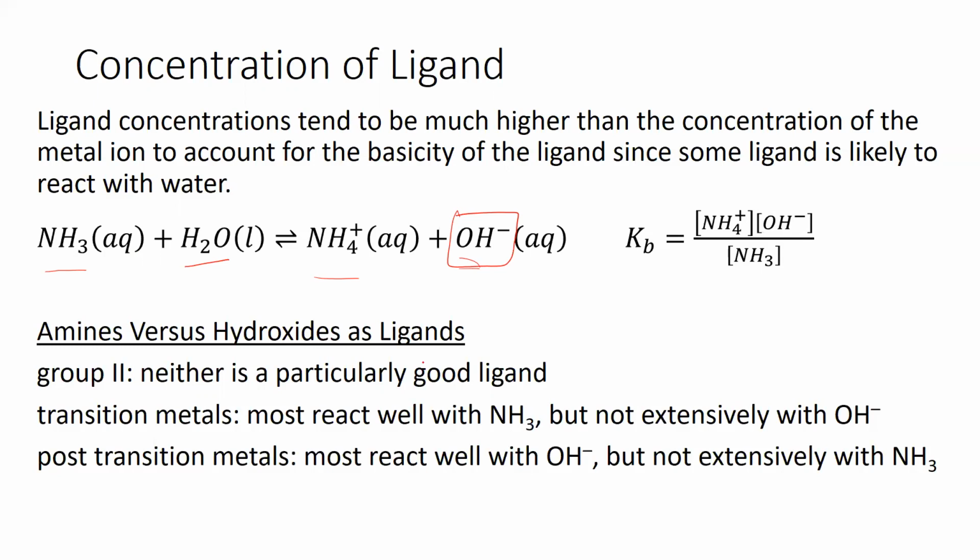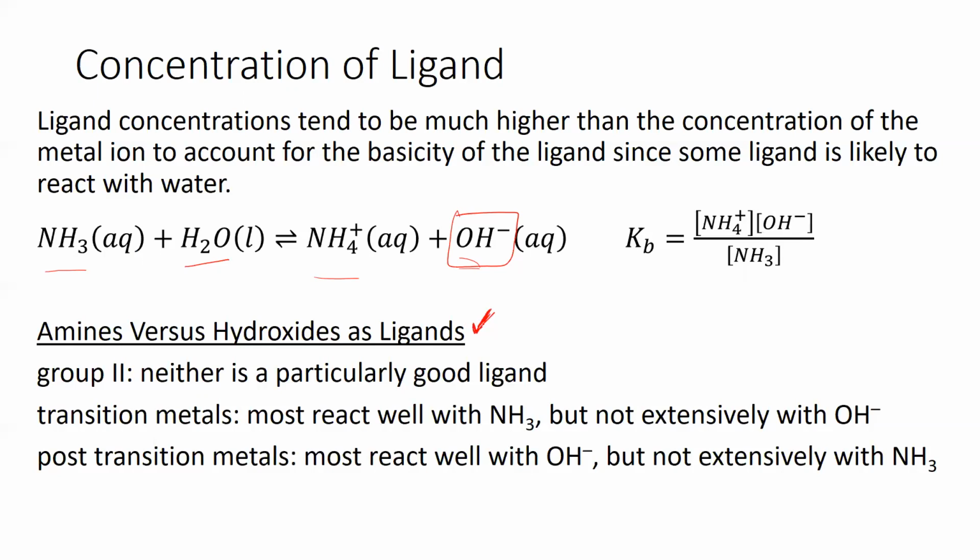So there's a lot going on in the solution. And so you have a lot of potential ligands in a given solution that could potentially bind to a given metal ion. Now, when it comes to the ligands, well, we have amines and hydroxide. Both of those are better bases than water, okay? And that's a key here.